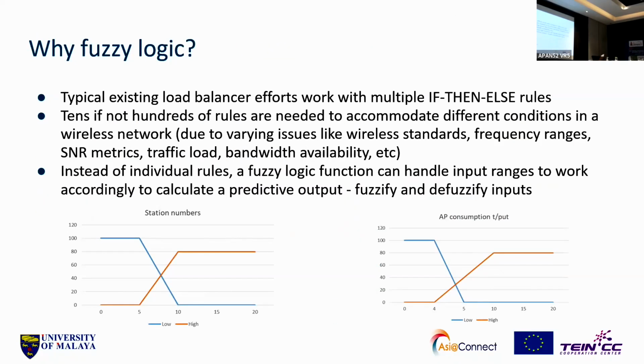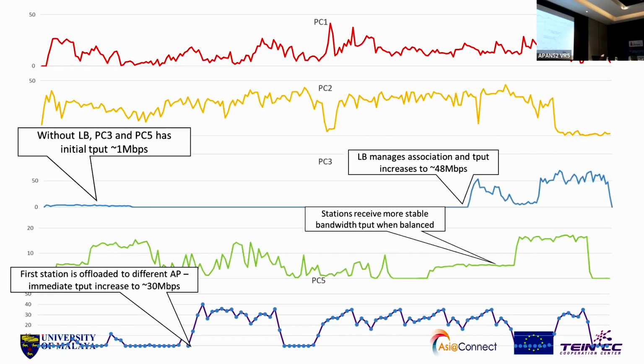Now then, this morning, we talked about all the fuzziness. So basically, this is the most important graph. It's the behavior of the Wi-Fi, that if you have two APs here, if a few stations join the first AP, subsequently, most of the stations will also join the first AP. You ask why? Don't know.